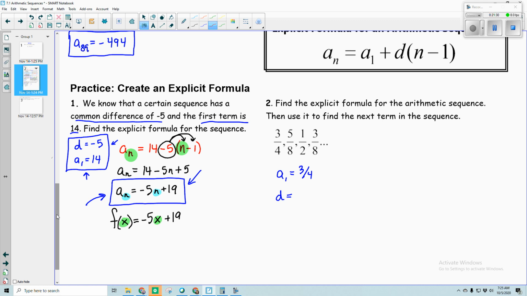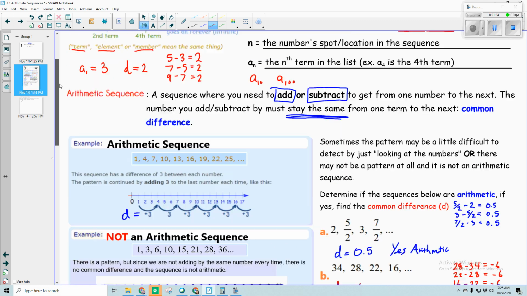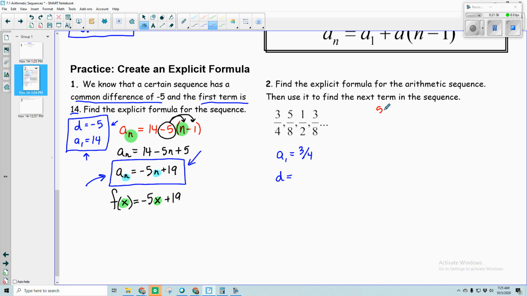Remember, I'm using this trick to find the common difference, so I'll just do the second term, 5/8, minus the first term, 3/4. And then what do I get? Well, 5/8, which is 0.625, minus 0.75, and I get -0.125.